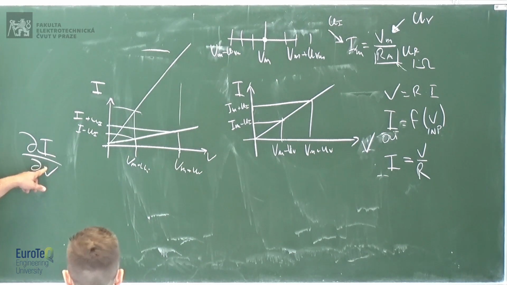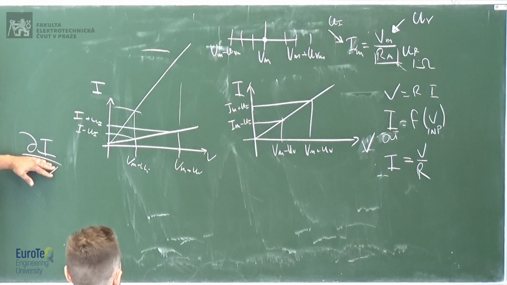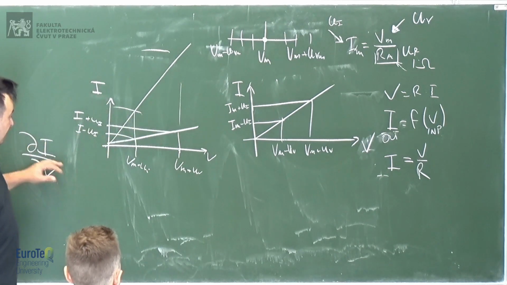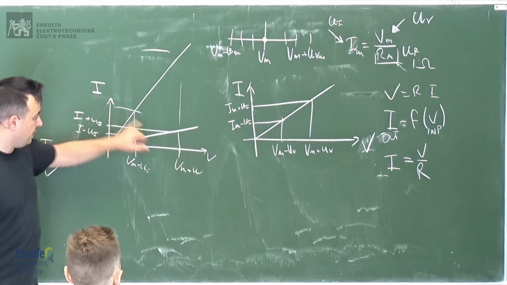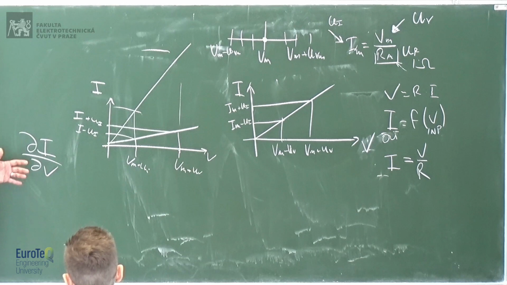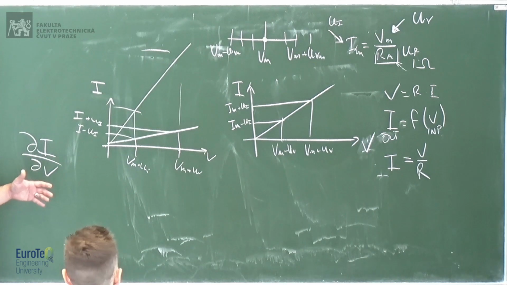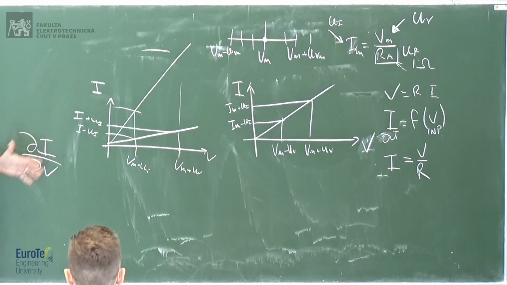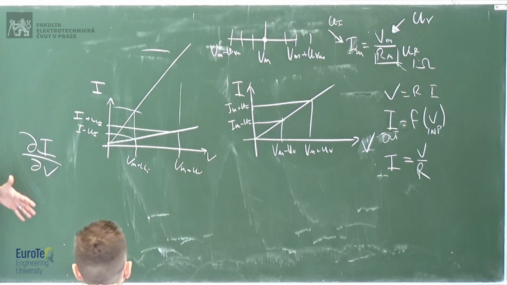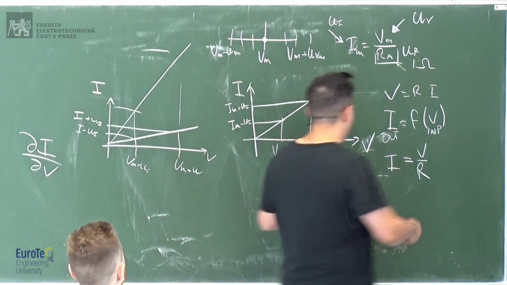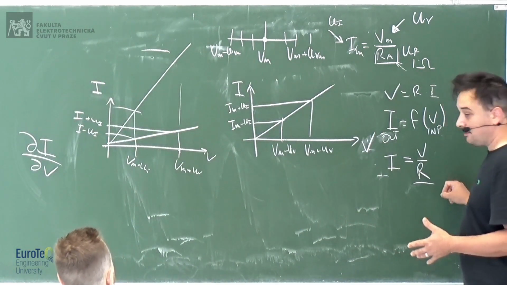This tells you the slope, by calculating it as the derivative of I with respect to V. The derivative tells you the slope of the function. Now this is a partial derivative, just because here you have different variables.